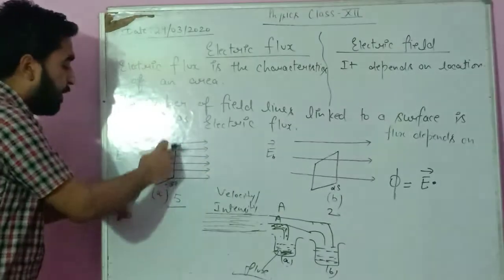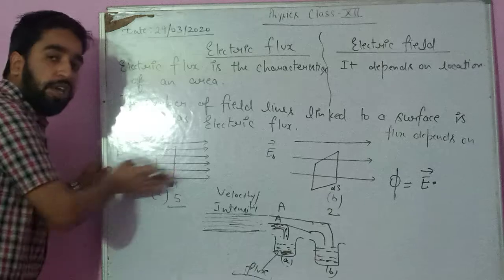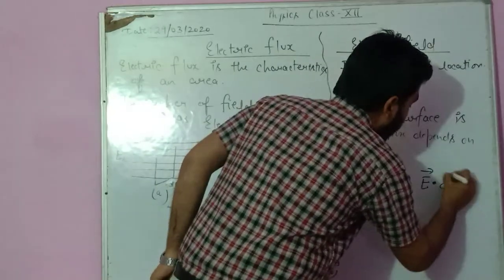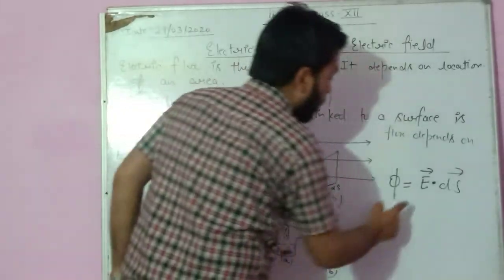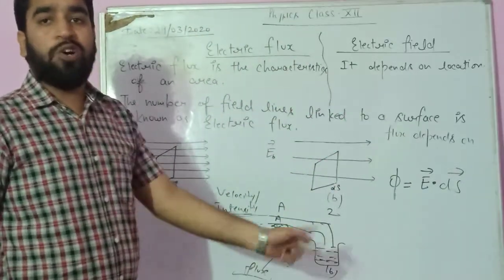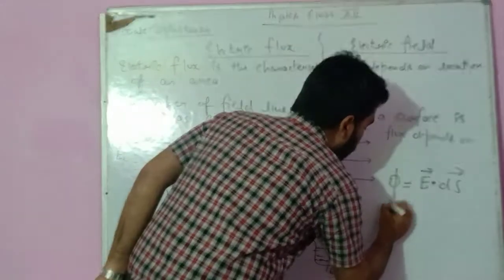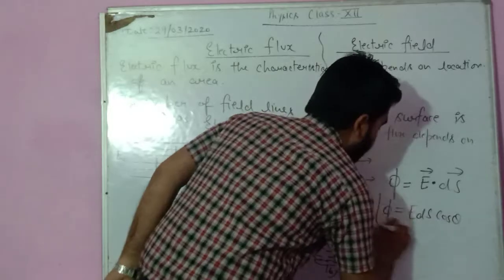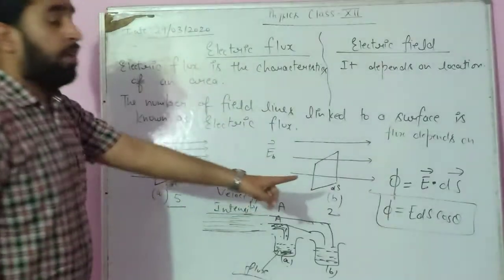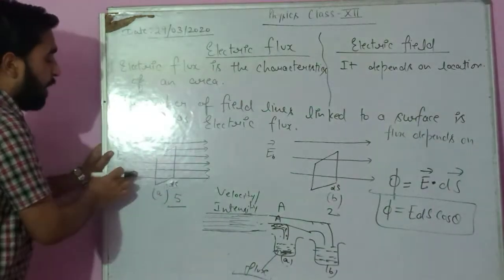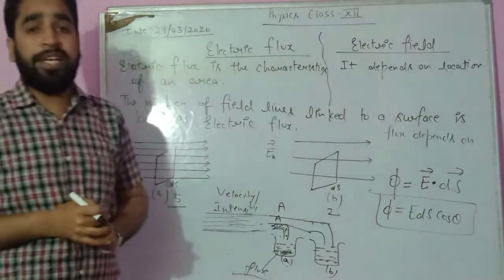Say the surface area linked to this particular electric field is ds, then flux is E dot ds. Whenever there is a dot product, A dot B is equal to AB cos theta. So phi is equal to E ds cos theta. Here theta is the angle between this surface and the electric field intensity.